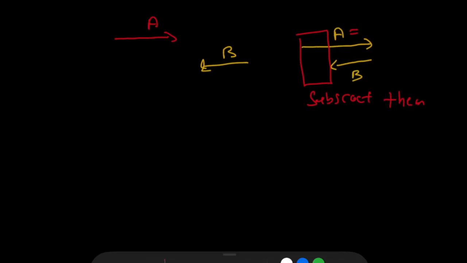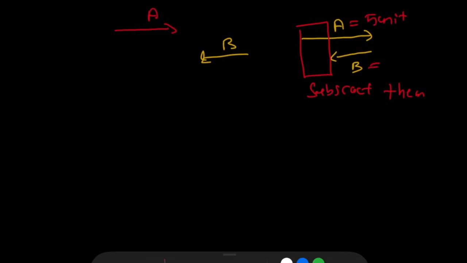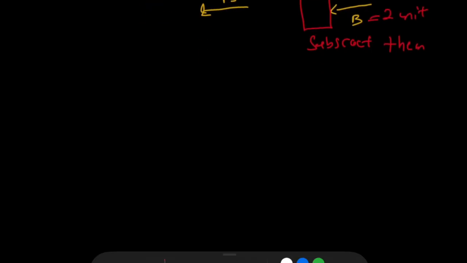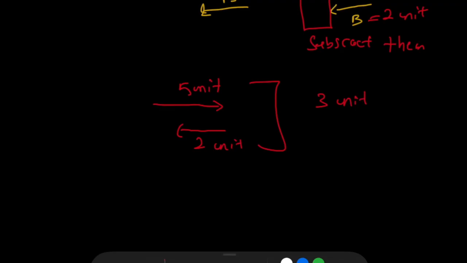Okay, let's say a is 5 units, let's say b is 2 units. If you subtract them, you have 3 units with the 5 unit direction.